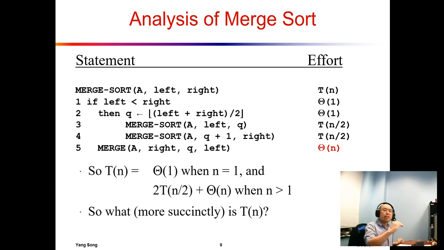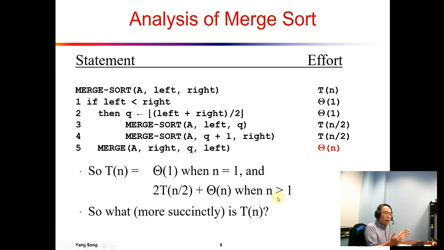Okay, so let's put all the information together. T(n) is going to be Theta 1 when n is 1, and otherwise it will be 2T(n/2) plus Theta n when n is greater than 1.